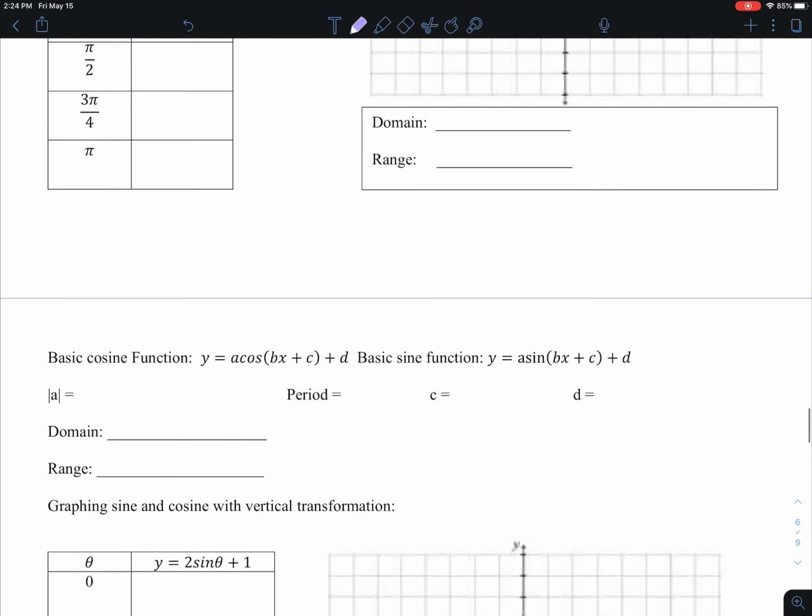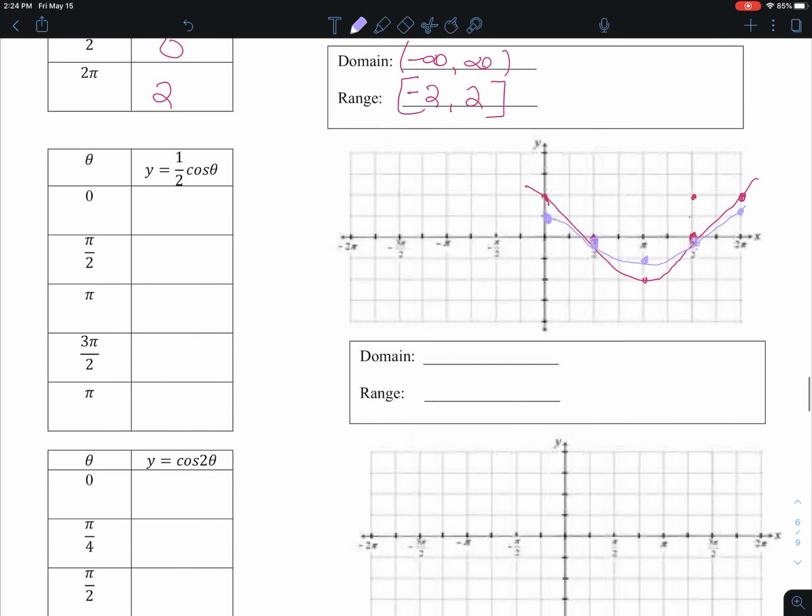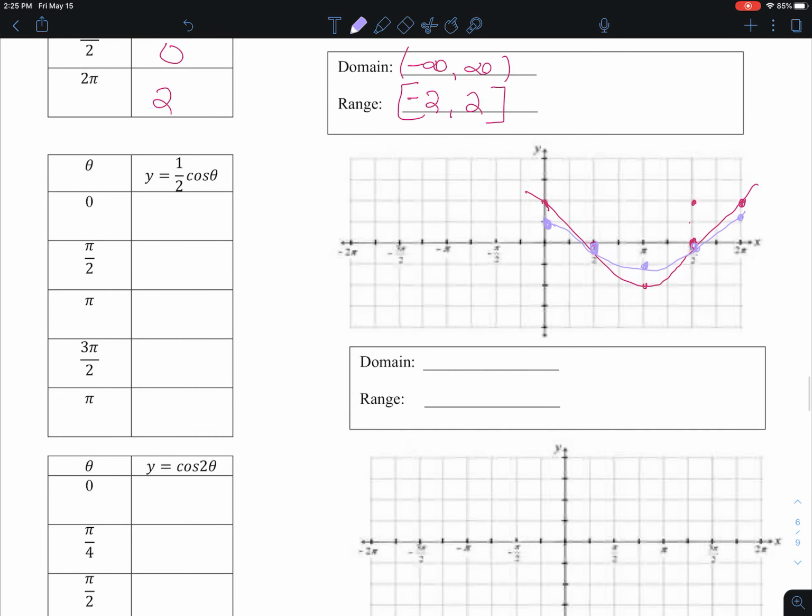And you can graph this on your calculator to see what it looks like. So this is a vertical shrink, and this applies to the cosine function as well. So my values would be 1/2, 0, negative 1/2, 0, 1/2.